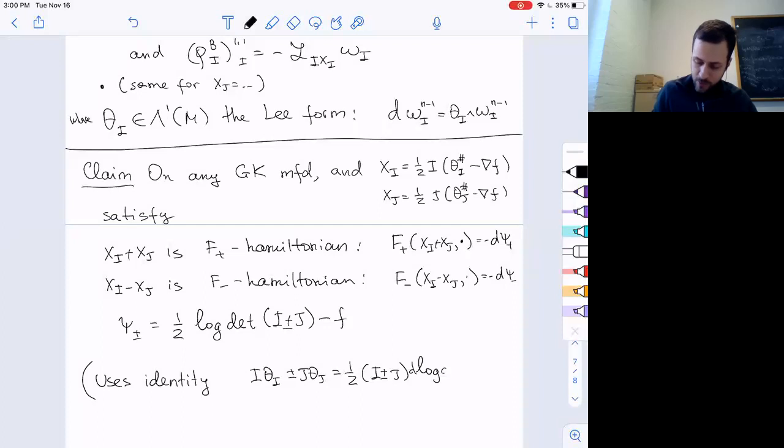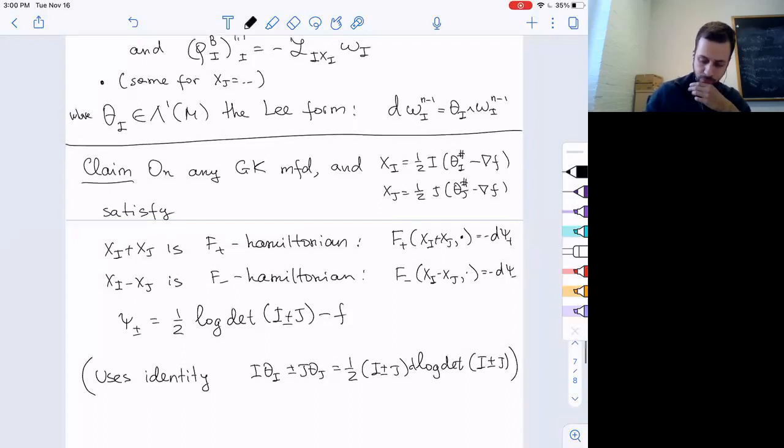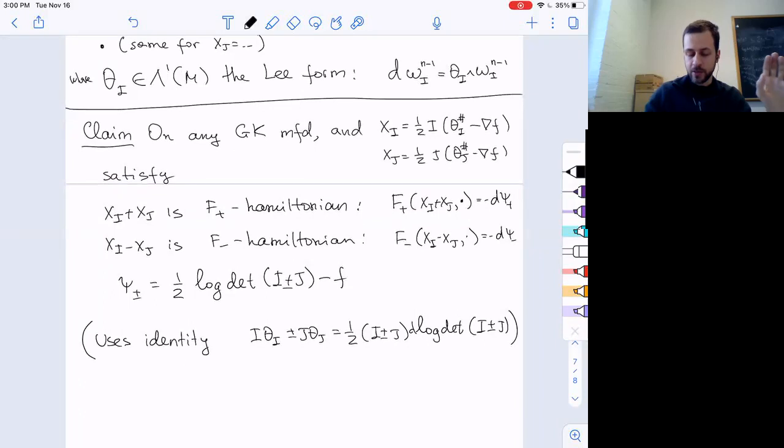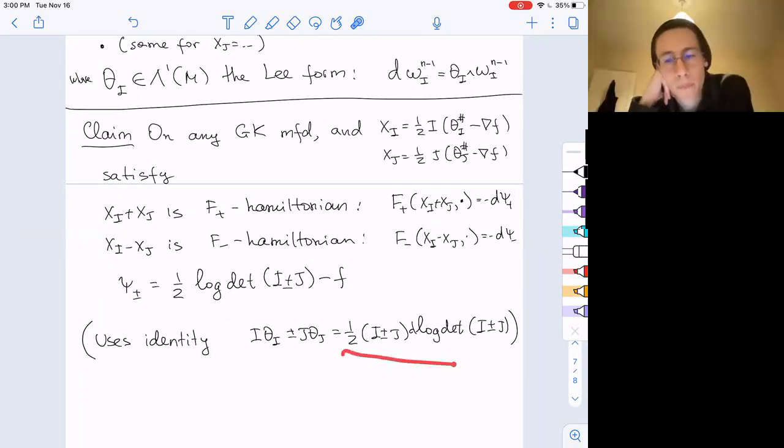So d of log determinant of I plus or minus J. Again, this identity is very special. It's a consequence of the bihermitian definition of generalized Kähler structure, but it's still amazing that you have this type of formula, because you see the right-hand side, in general, is not globally defined, right?